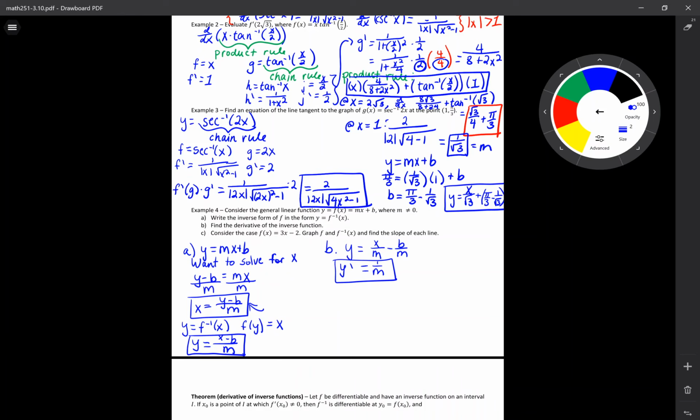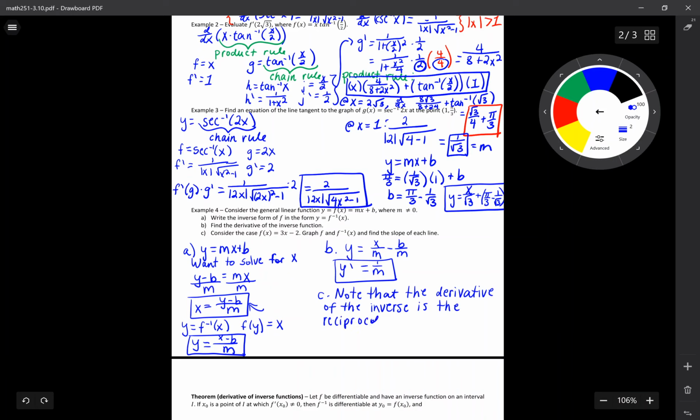We're not actually going to do part C. Instead, let's just write down what we learned in part B. So note that the derivative of the inverse, that's what we found in part B, is the reciprocal of the derivative of the function, right?